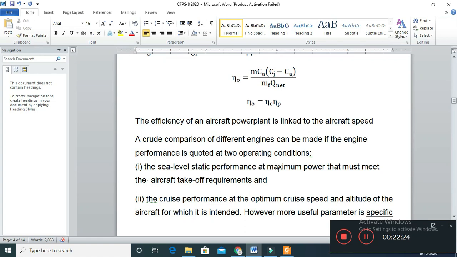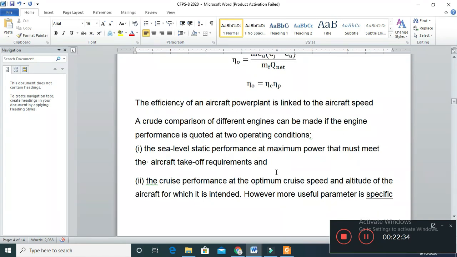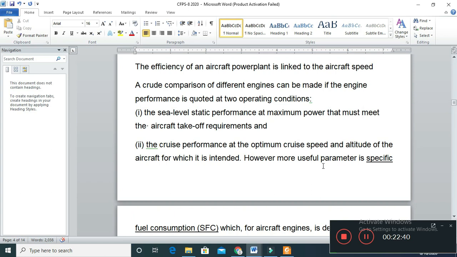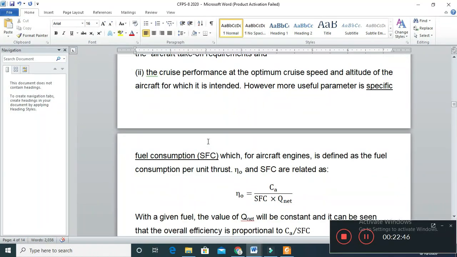One is the sea level static performance, which is for the aircraft take-off requirements, and the second comparison is based on the cruising conditions at optimum speed and altitude. So we can compare two or more engines based on these two conditions.